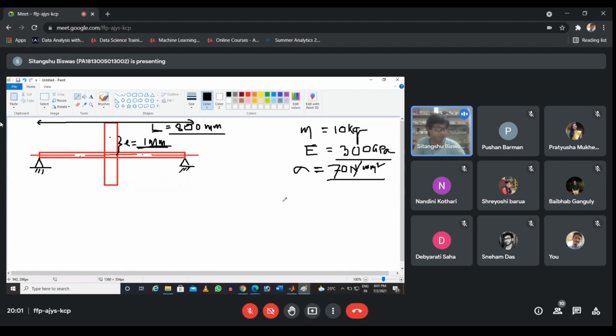And the shaft diameter, you can take it as 20 mm. This is the given data.